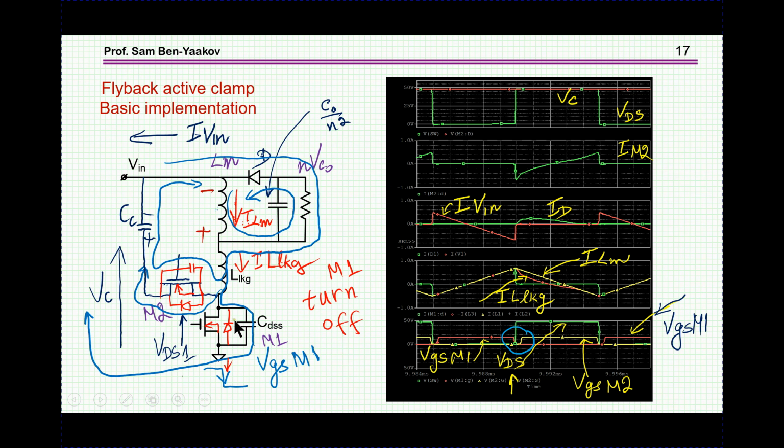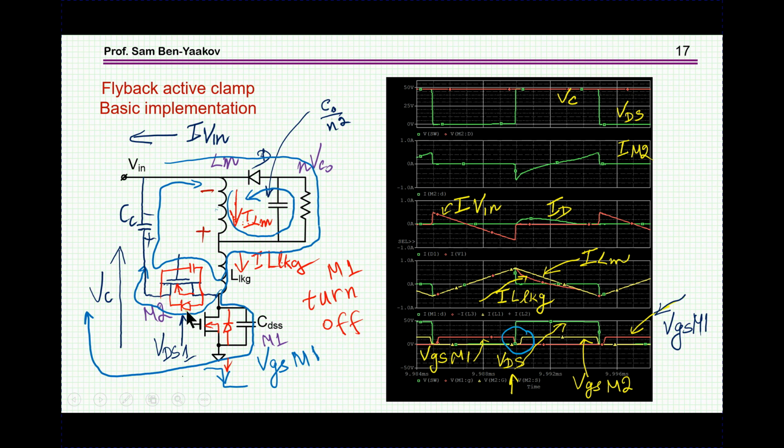Notice that this current, per our earlier discussion, is going this way. Because we have an inductance here, you cannot change the direction of the current very fast. So this inductance goes on discharging, while at the same time we have this current coming out. So we have two currents here, one is this one, and one is this one. So we are at this situation.